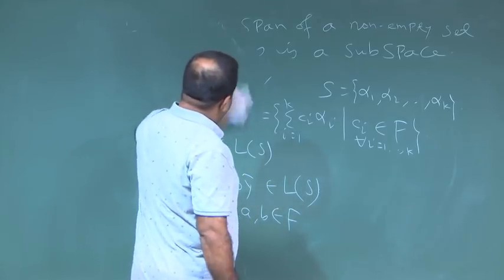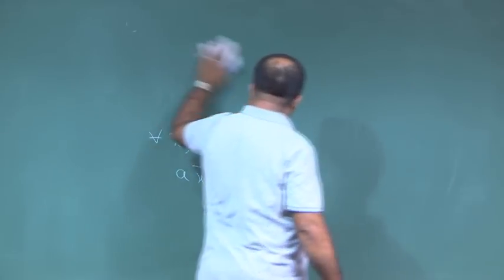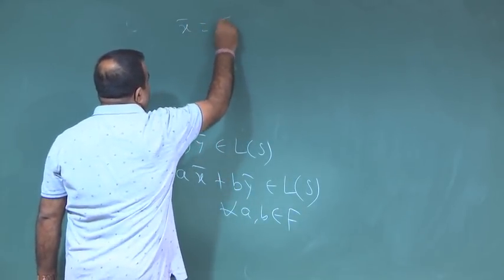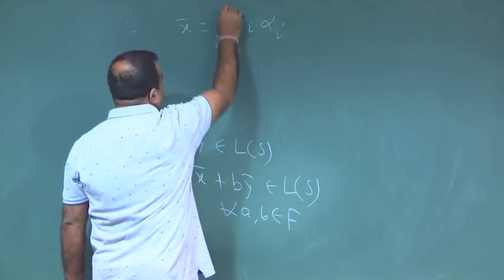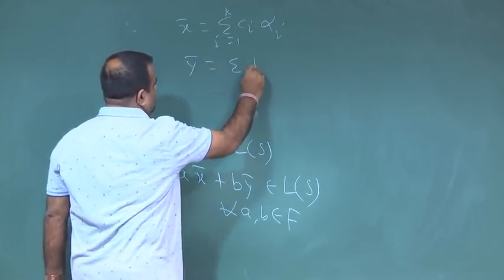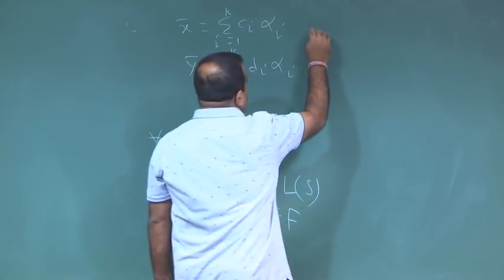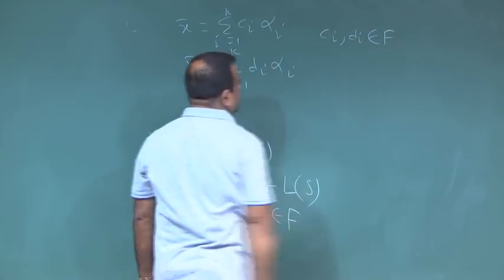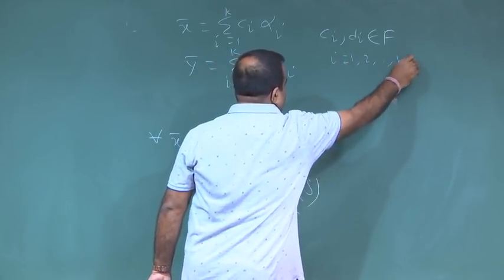So, we have to take two elements x and y from L of S. Since x and y belong to this, x will be represented as the sum of c_i alpha_i, i equal to 1 to k, and y will be represented as the sum of d_i alpha_i, where c_i and d_i are coming from the scalar field, i equal to 1 to k.